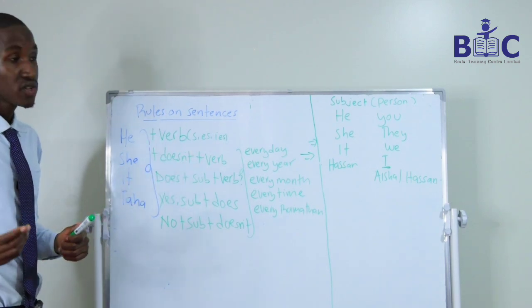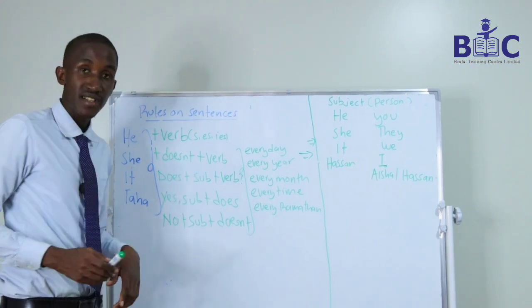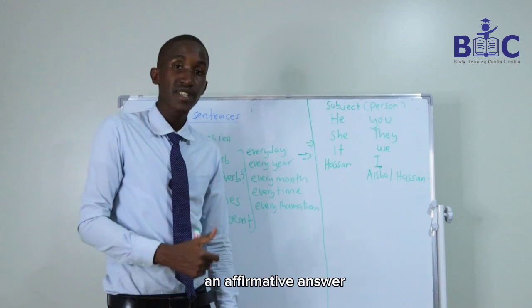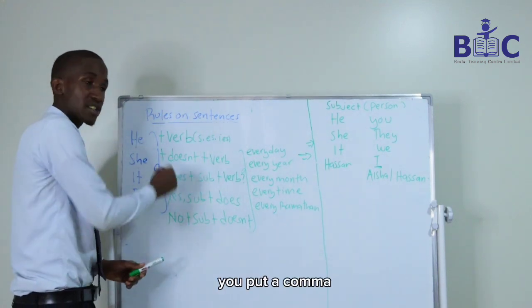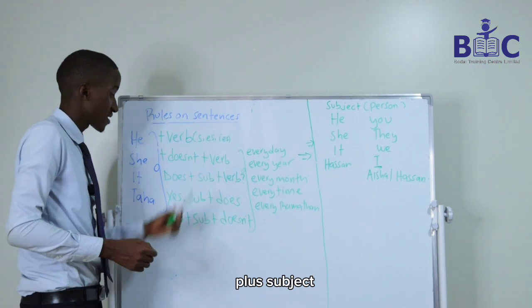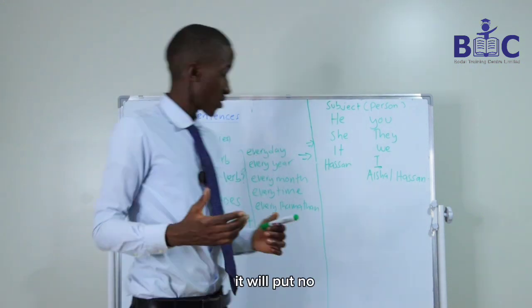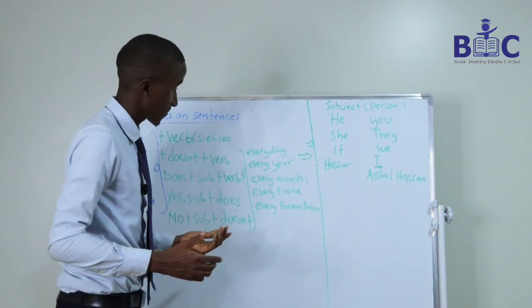When you're asking a question, you will start it with does plus the subject plus the verb. And then if you're giving an affirmative answer, a right answer, you will say yes, you put a comma, plus subject, plus does. And if the answer is negative, you will put no, plus subject, plus doesn't.